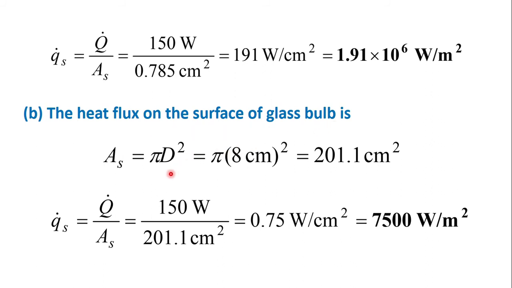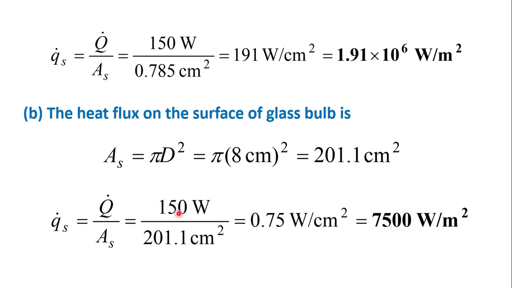So the second part is you have to determine the heat flux on the surface of the glass bulb. The surface area of the glass bulb is given here. The formula is pi d square, and the diameter is given in the question statement for the glass bulb, which is 8 centimeter, and after putting the values you will get the surface area of the bulb, which is 201.1 centimeter square.